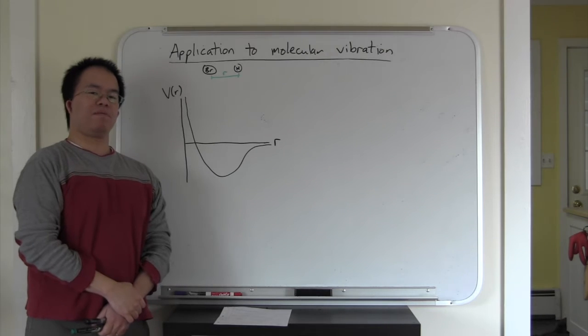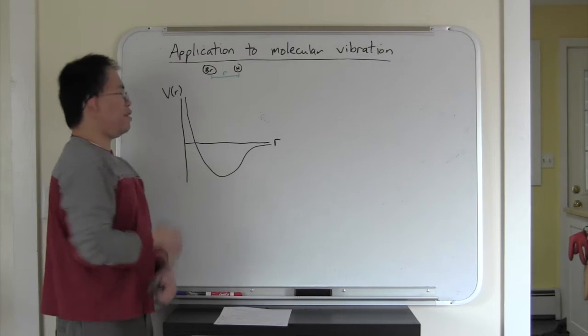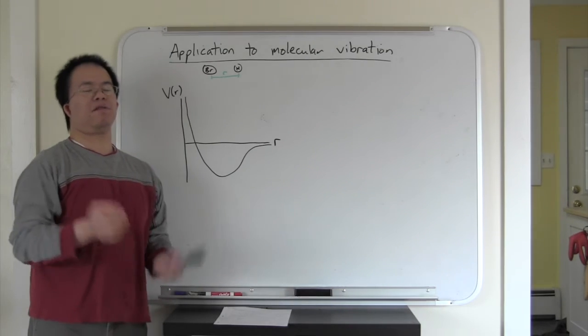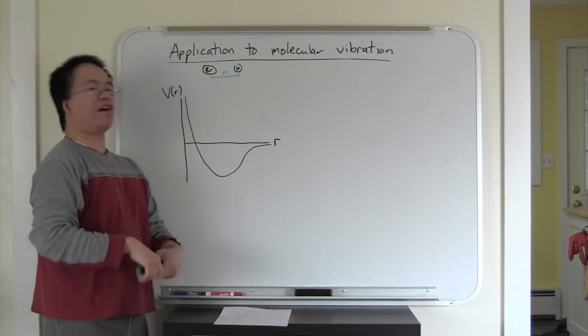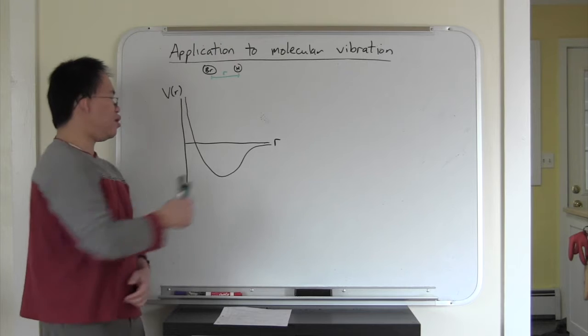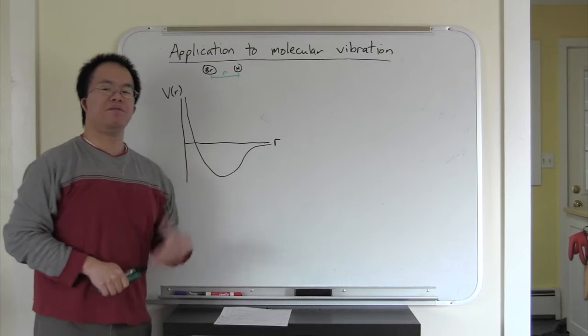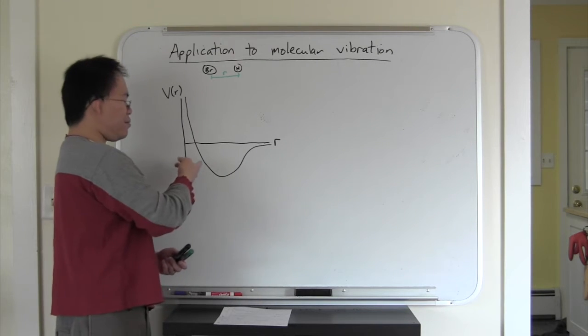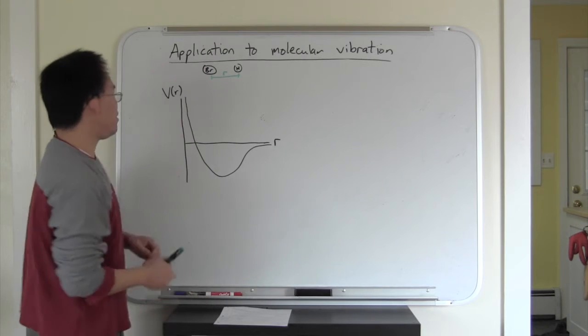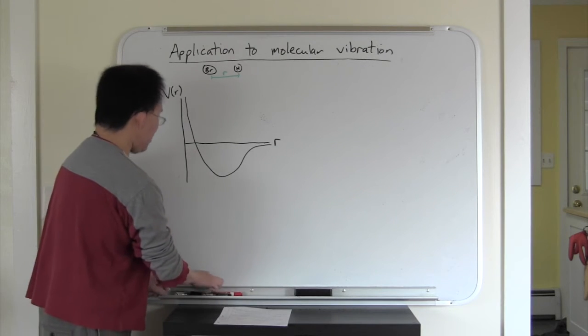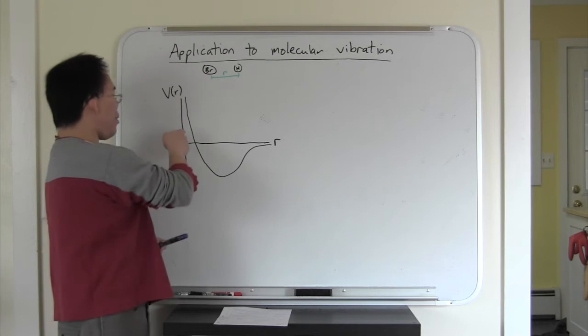So if you try to sketch the actual interatomic potential energy between two atoms as a function of the radial separation r between them, you get something that not atypically looks something like this. Let me unpack this for you a little bit. There's a short range repulsion.